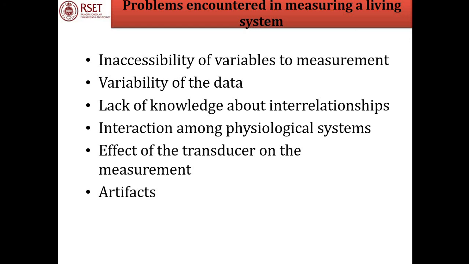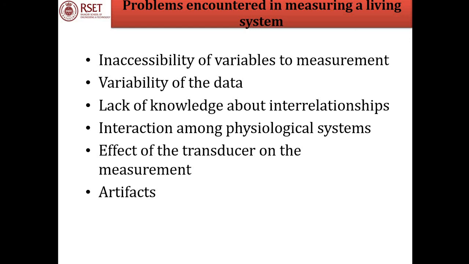The next important issue regarding the problem is the artifacts. In medicine and biology, the term artifacts refers to any component of a signal that is represented as a variable along with the signal.